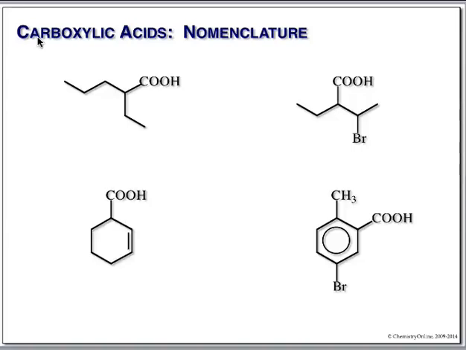All right, our first one, we look and we find our longest carbon chain containing the carboxylic acid. That's going to be this guy here. And the carboxylic acid is going to be carbon number 1. We have 1, 2, 3, 4, 5. So the parent is a pentane, so it's a pentanoic acid with an ethyl group dangling off carbon 2. 2-ethyl pentanoic acid.